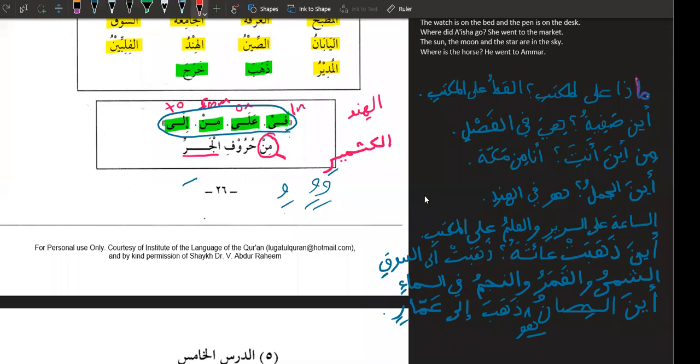Okay. So as you've studied, min is a preposition, a harf jar, and we mentioned that whenever a preposition comes before a noun, it makes it take a kasra, like fi al-fasli, على المكتب في الهند على المكتب إلى السوق في السماء إلى عمار.